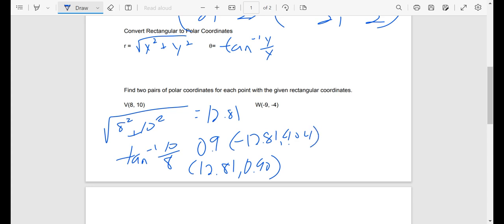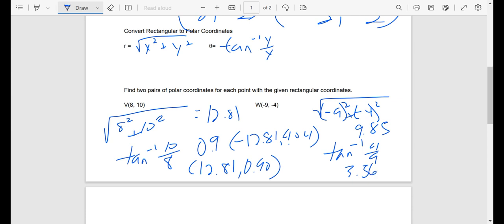And for the other one, -9 squared, -4 squared, and that will get you 9.85, and then inverse tan of 4 over 9 will get you 3.56.